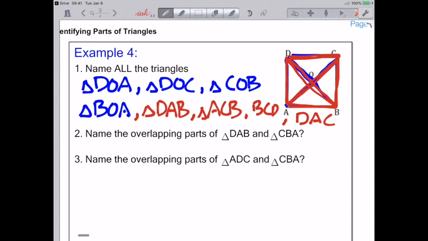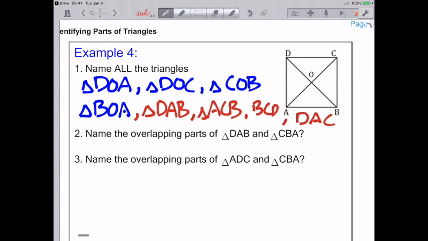So now, the next question is asking me what the overlapping parts are. This is going to be key because we're going to use a property known as the reflexive property, which basically means segment AB, for example, is congruent to itself.